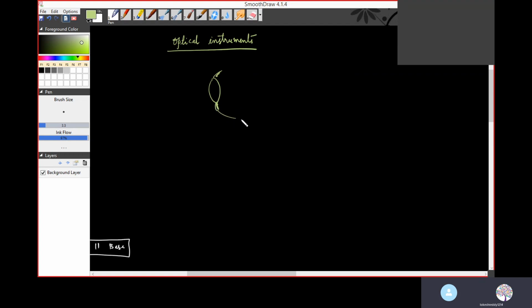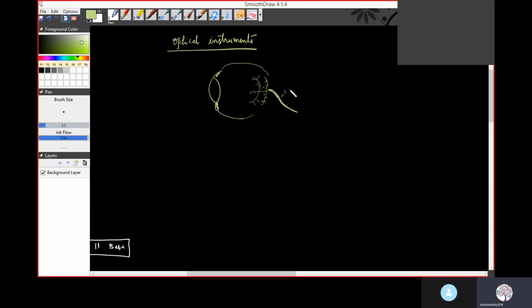Then you have the retina like this, and the retina is actually a canopy of the optic nerves. Canopy means it's a bundle.